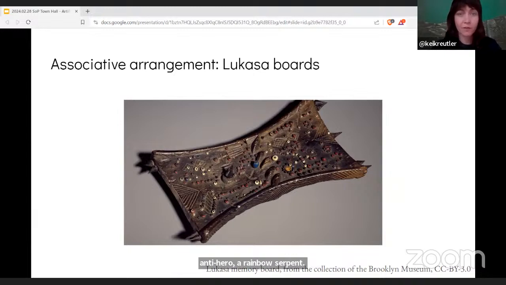So unlike more figurative representations, Lukasa boards are rooted in associative arrangement. The red bead doesn't necessarily try to represent the rainbow serpent, but instead, the red bead becomes the rainbow serpent through association. This is not unlike how songlines produce memory with the landscape and its inhabitants.